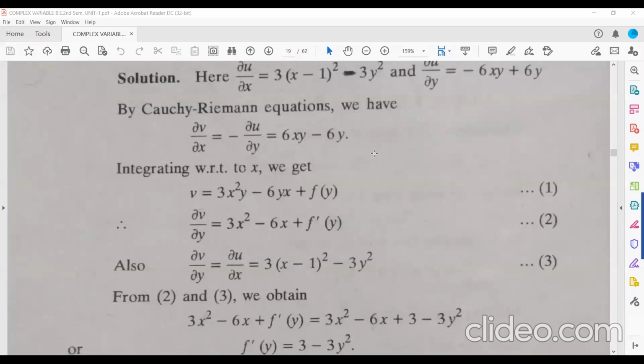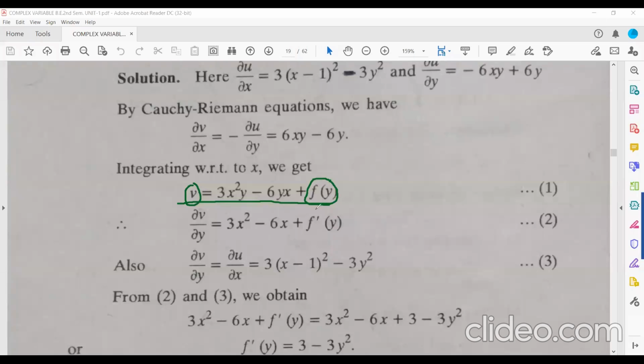So you got f of y. Okay. So now see here, the equation 1. What do you need to find? You need to find this v only, no? So you have already got f of y.